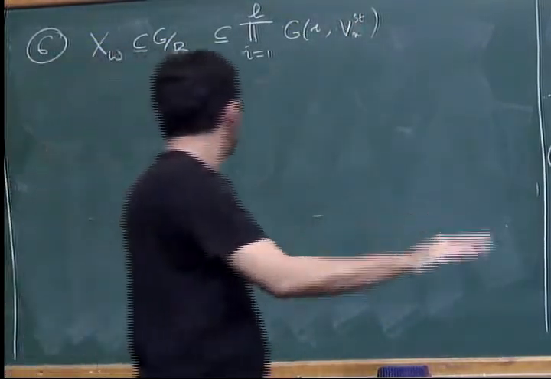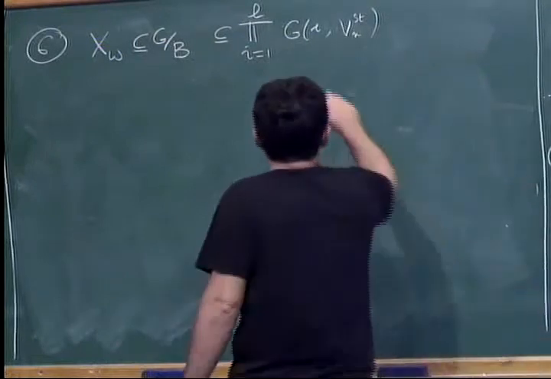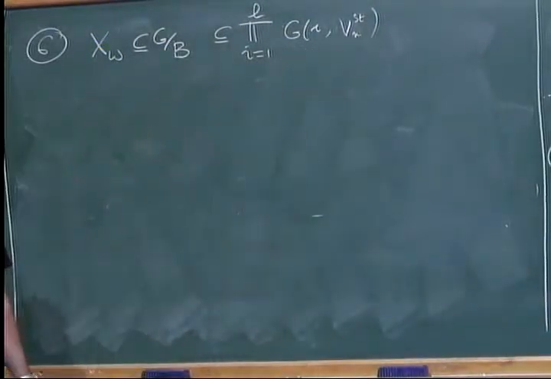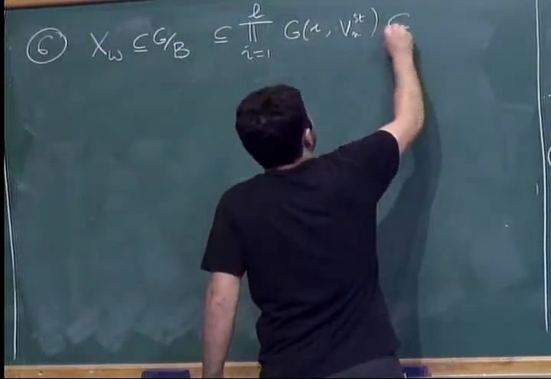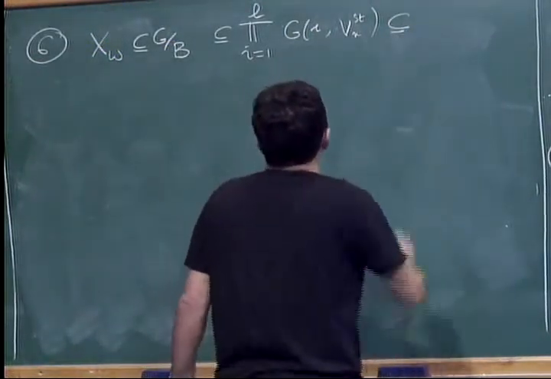So you map all the V_i into the corresponding Grassmannian using the Plücker embedding.